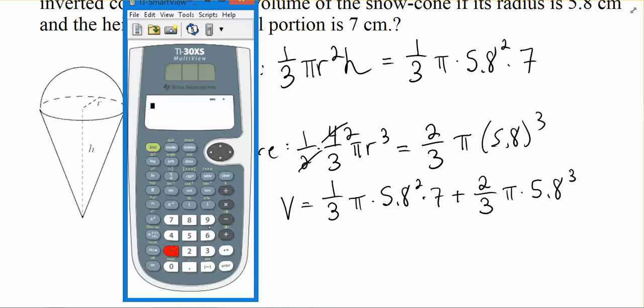So we can say 1/3 pi times 5.8 squared times 7 plus 2/3 pi times 5.8 cubed.